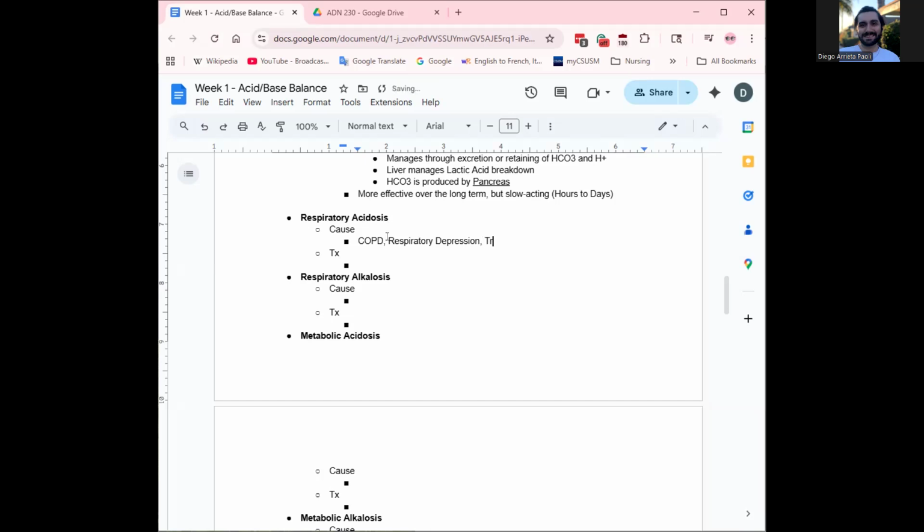Trauma. Yeah. So specific chest trauma. That would lead into the term acute respiratory failure. There's also ARDS, which is an inflammatory response. So you could have acute respiratory distress syndrome.